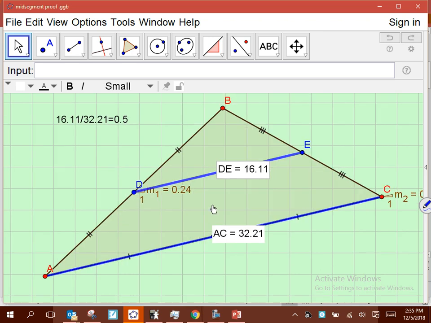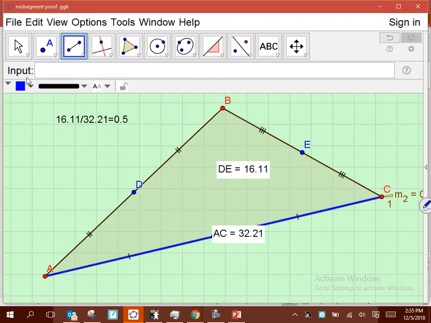Now, that's true for that mid-segment. If I do the same thing, let me just delete that one, and now let's put in D to F, and look at that one, okay?